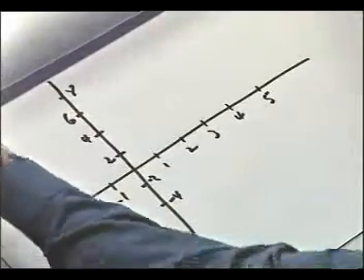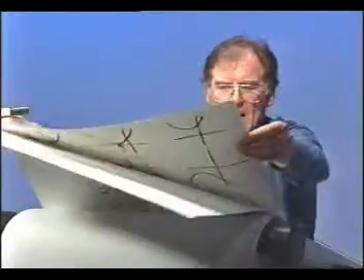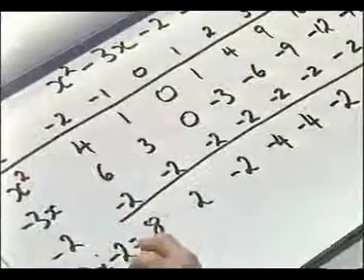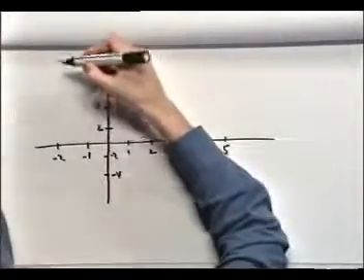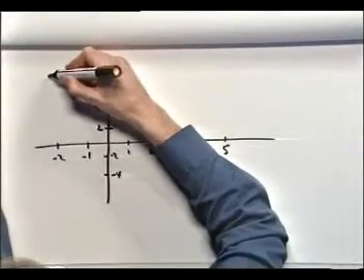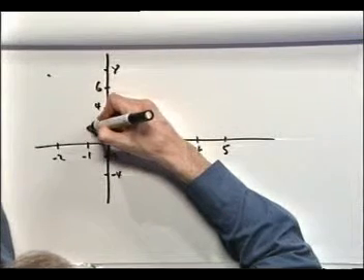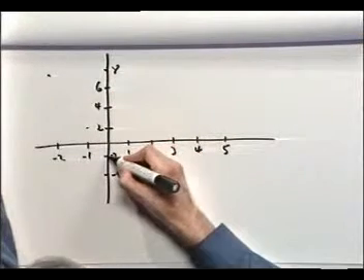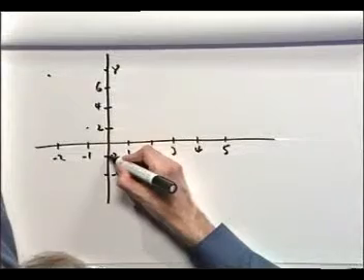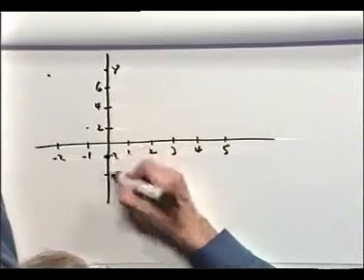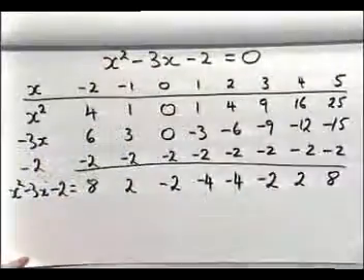So let's just flick back for a couple of values here. -2 is 8 and -1 is 2. So I've got a point roughly there and a point roughly there. Then when it was 0, I had -2 here. There we go.